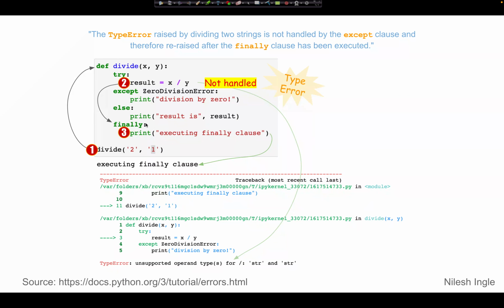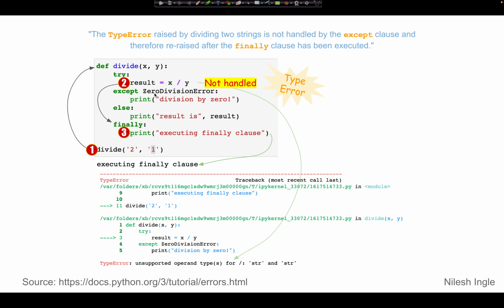And here we have another example where we have the same divide x by y function, nothing has changed except the value of y and the value of x that we are going to pass in. Here 2 and 1 are strings because we have put quotations around both of them, and when this goes in, the string 2 divided by string 1 is definitely going to throw an error, and it's a type error, which is not what we have in the except.